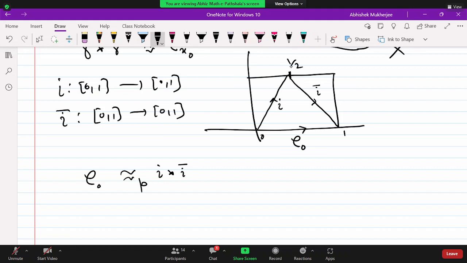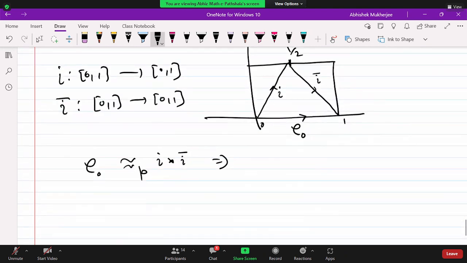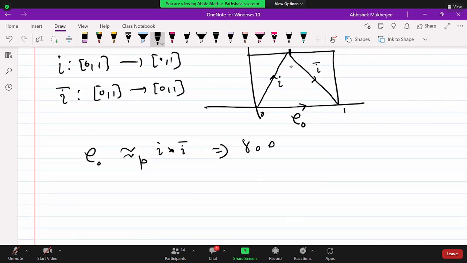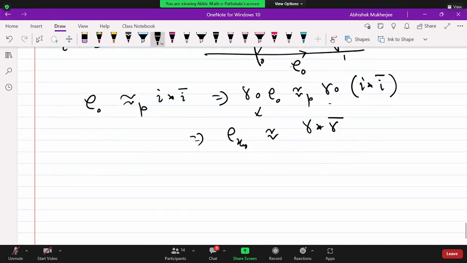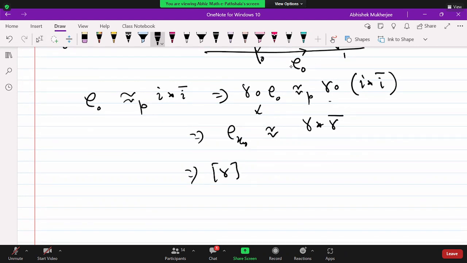And therefore, this will imply that gamma compose E naught will be path homotopic to gamma compose I star I bar. And this part is obviously x naught, e x naught, and this part is obviously gamma star gamma bar. So therefore, this holds good.